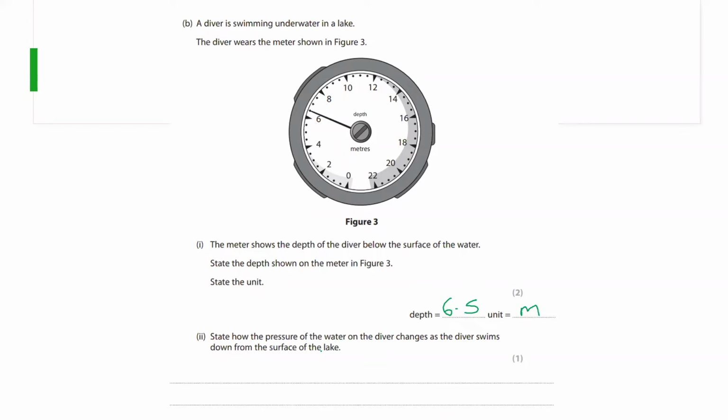State how the pressure of the water on the diver changes as the diver swims down from the surface of the lake. So the deeper the diver swims or dives, the greater the pressure on the diver.